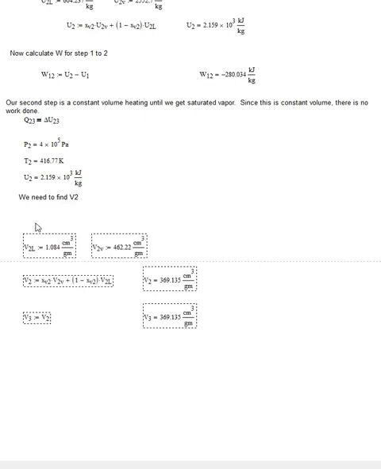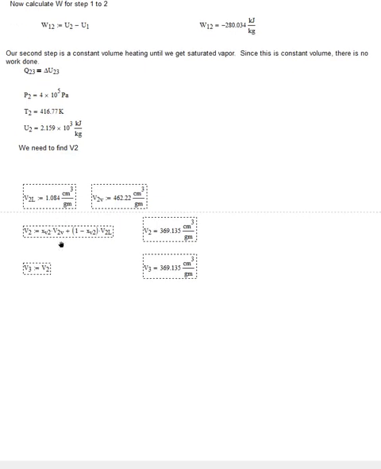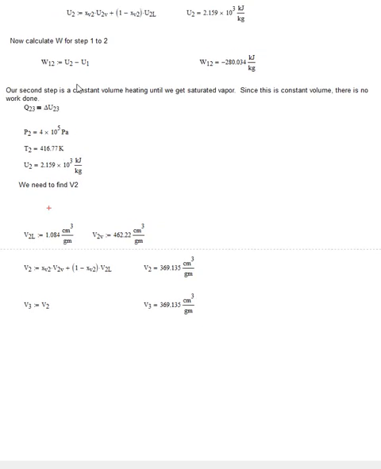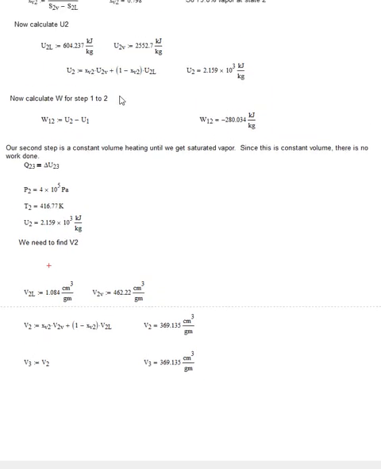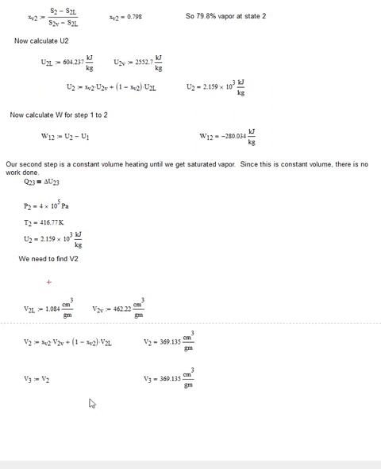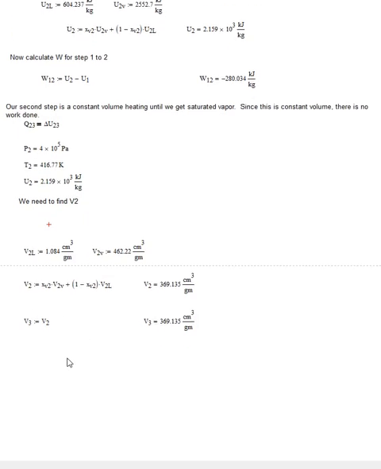So what I've got here is V2 of the liquid, so we're at state 2 now. Saturated liquid volume 1.08, saturated vapor volume 462. Using my steam quality, I'm going to calculate my total molar volume of this system, my overall volume.